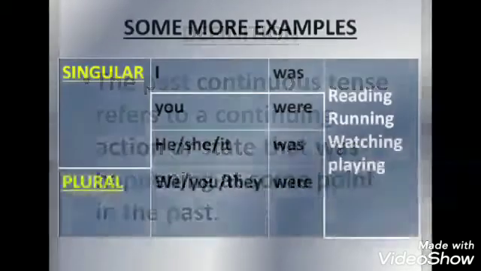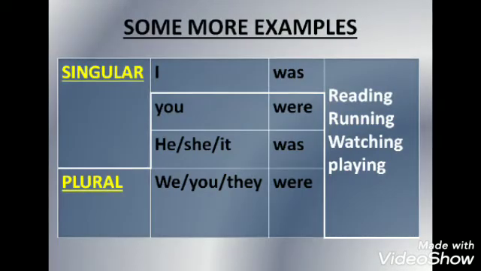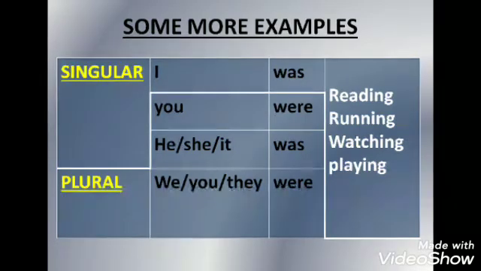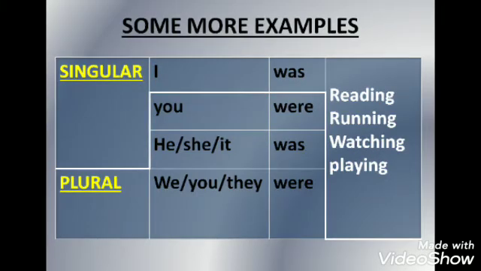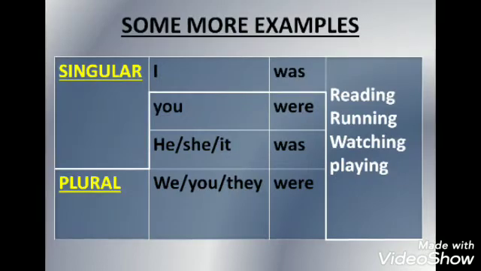Now let us go through some more examples. I was reading. You were running. He or she or it was watching. We or you or they were playing.